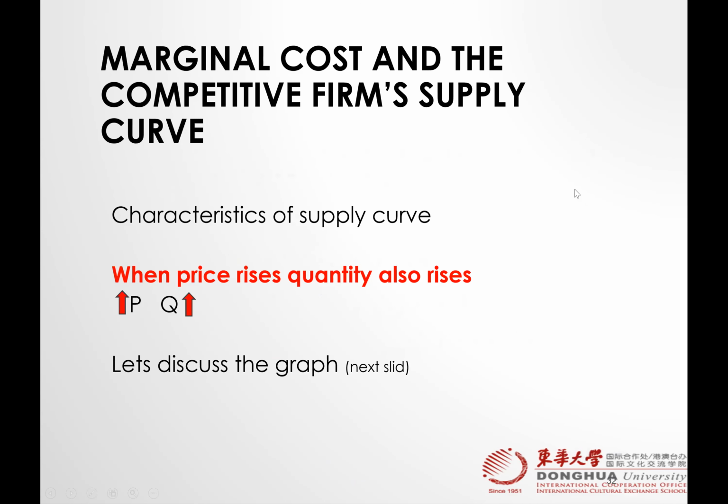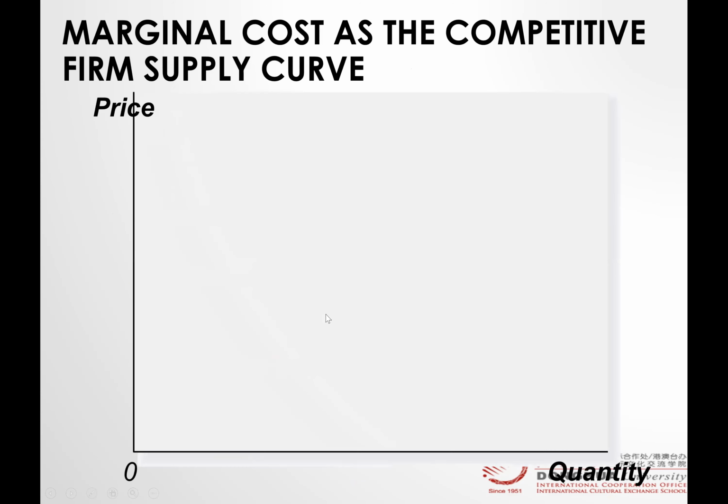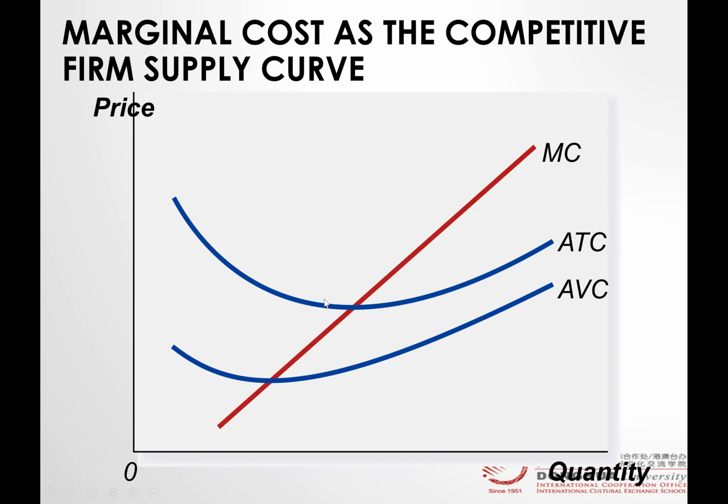So now let's talk about the other topic, which is the competitive market supply curve. Recall your discussion regarding supply. Supply characteristics are that when price increases, quantity also increases. So look at the graph here. Do you see any curve here which resembles or can be a proxy for the supply curve?